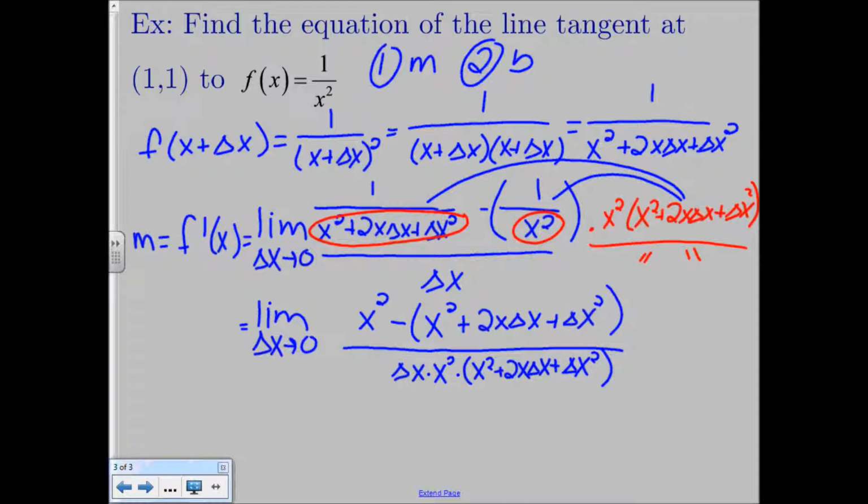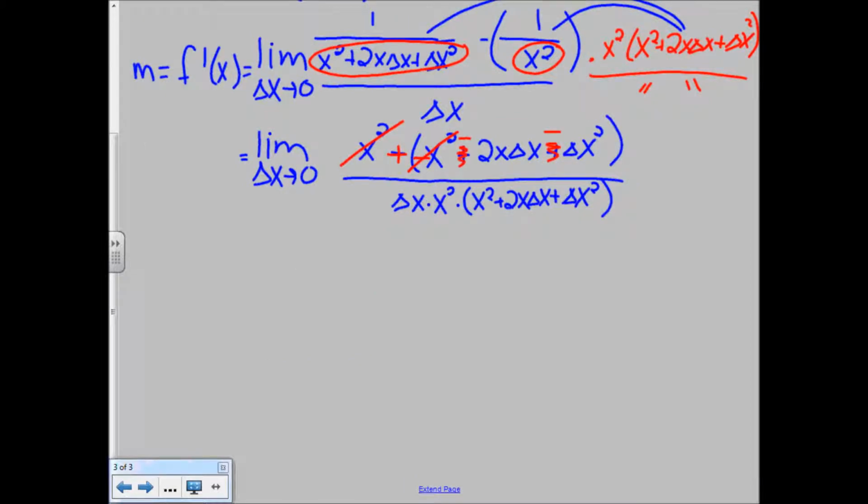So now, just like we do in every single problem, we're going to distribute that negative sign and see what cancels. So make this a plus out here, distribute, we get a minus x squared, minus 2x delta x, and a minus delta x squared, sorry, at the back. So we have a positive x squared and a negative x squared. Those two cancel. Let's write what we have left and see if we can take our limit now, cancel anything out.